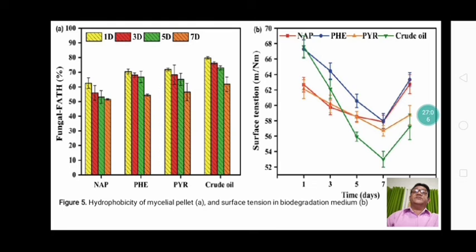Hydrophobicity of mycelia pellets reduced gradually during degradation. This decrease was probably attributed to the gradual depletion of the carbon source caused by substrate degradation by mycelia pellets, thus weakening the emulsifiability of mycelia pellets for petroleum hydrocarbons.